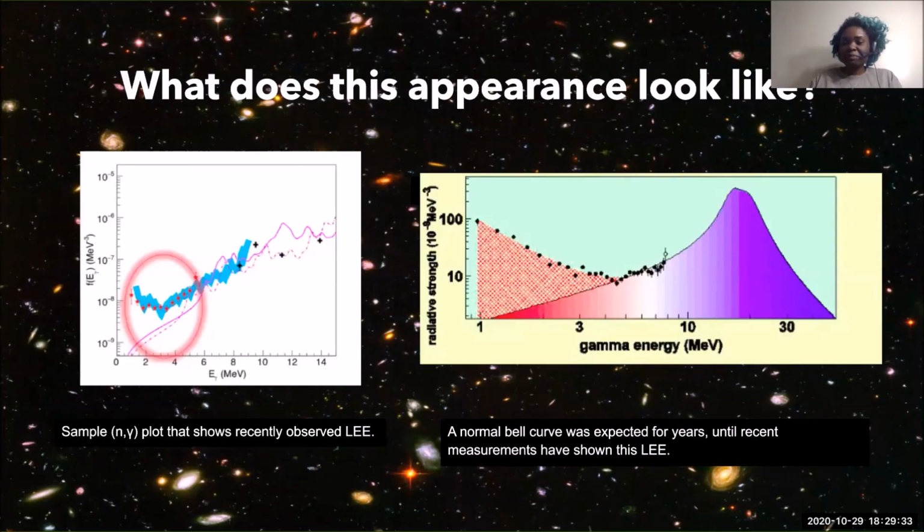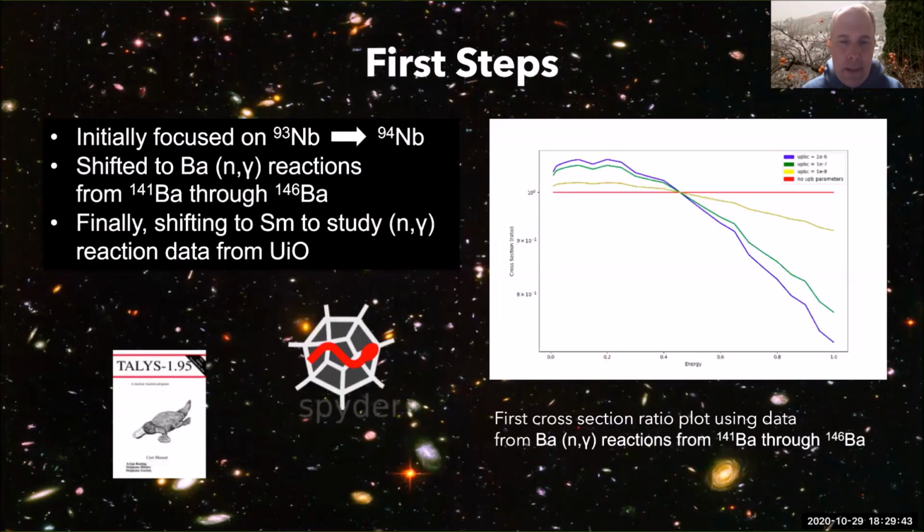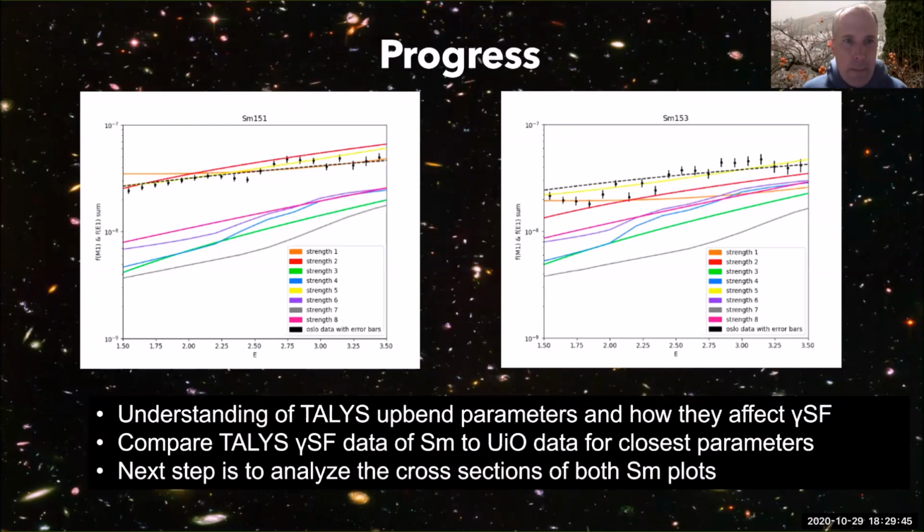And go ahead, Andrew. So, nice talk. I wanted to ask about the next to last slide that you showed with the results for samarium. I was just wondering about the Oslo data that are plotted there. They're not in a perfect straight line, right?